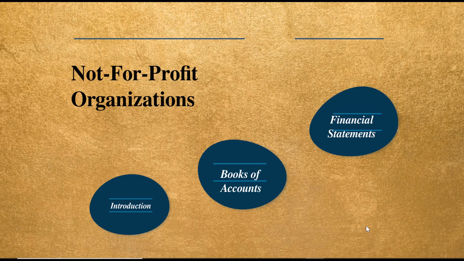In the upcoming video, we will learn about the difference between capital items and revenue items. This will help us get a clear understanding about the difference between the receipts and payments account and the income and expenditure account, and help us prepare financial statements.